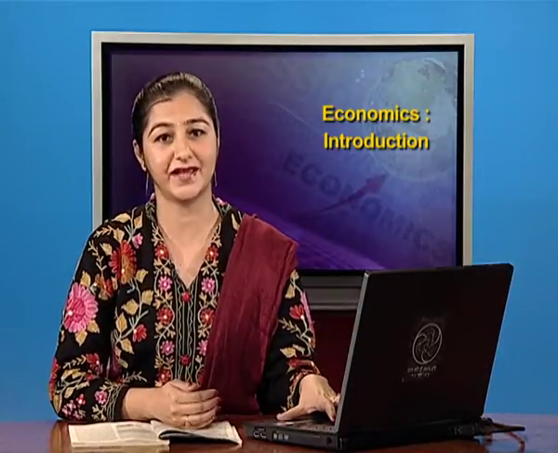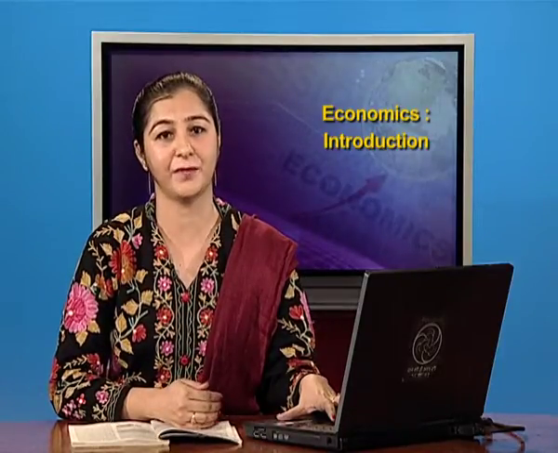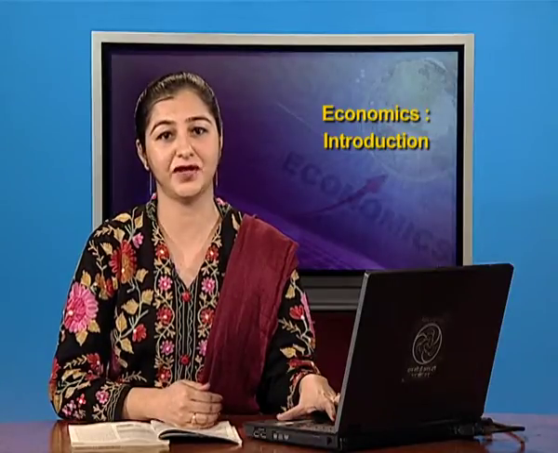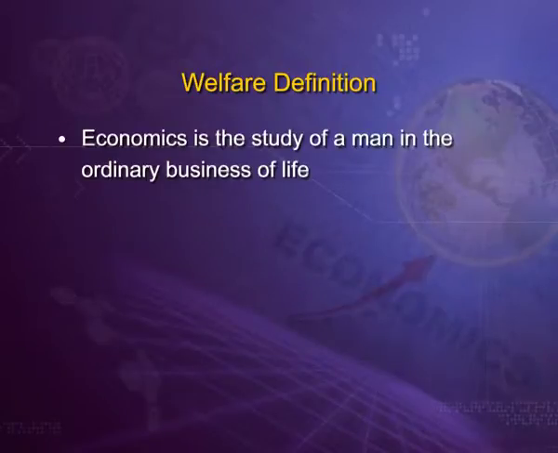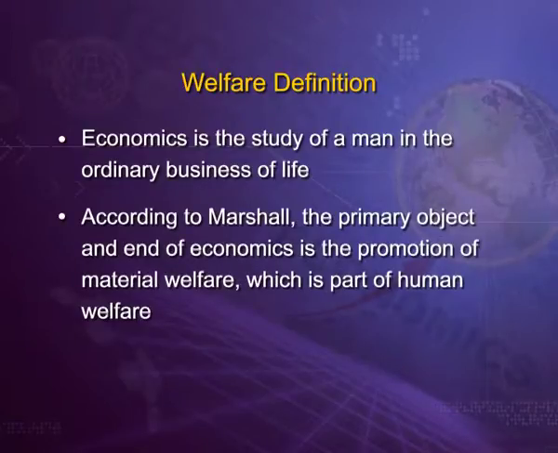The second definition is given by Marshall, and it is known as the welfare definition. It believes that economics is the study of man in the ordinary business of life, and according to Marshall, the primary object and end of economics is the promotion of material welfare, which is part of human welfare.